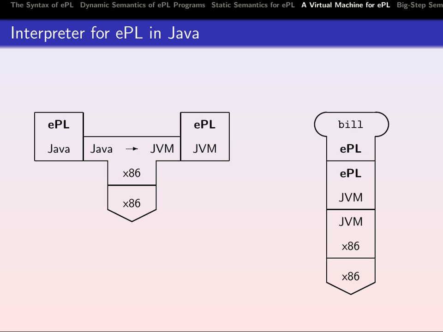Right? Now, the JVM executes on top of the x86. That is given by the Java framework, right? So, what implements that? What is this box represented by? What command do you run to have this?